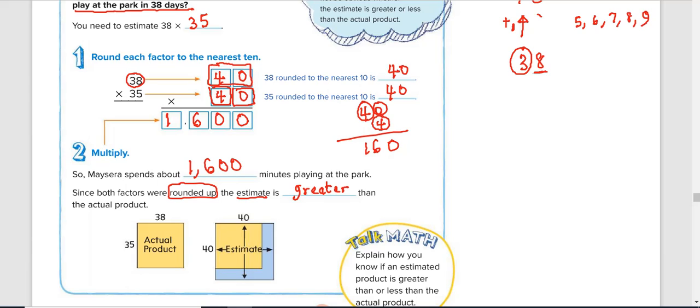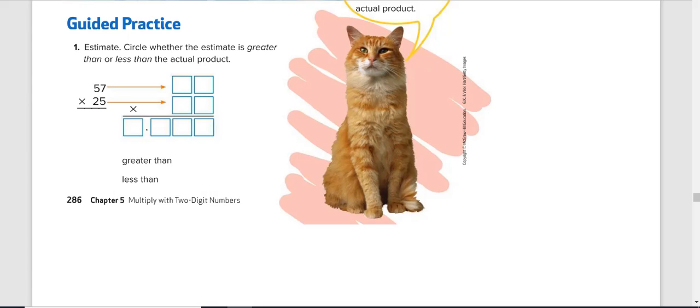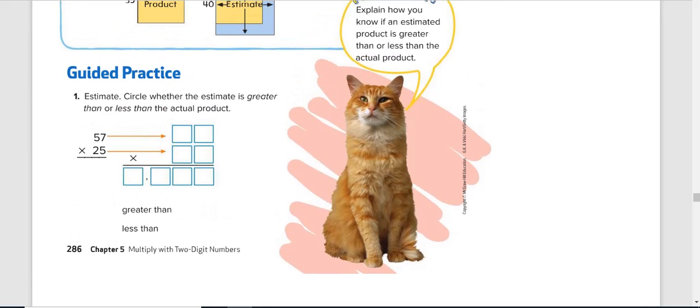Just as a confirmation, if you do the actual product of 38 and 35, you should get 1,330. Compare that with the estimate, 1,600, and you see that it's greater than the actual product. Okay guys, so pause the video now and answer this question. If you get it right, then thumbs up to you.